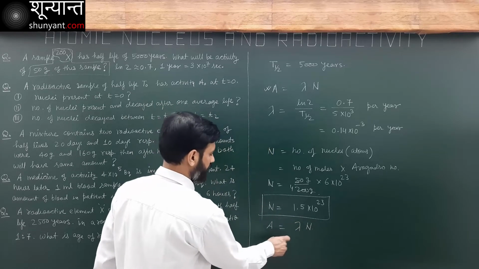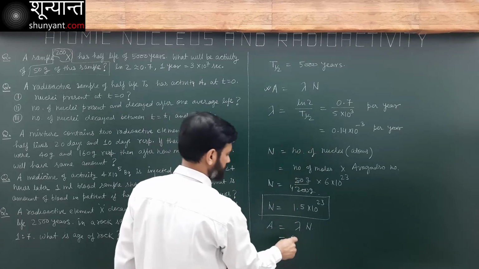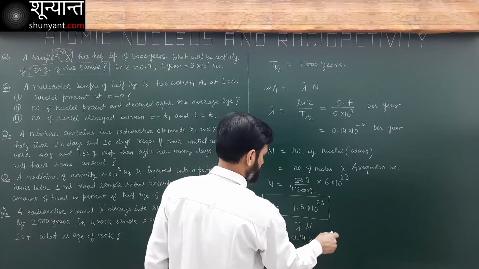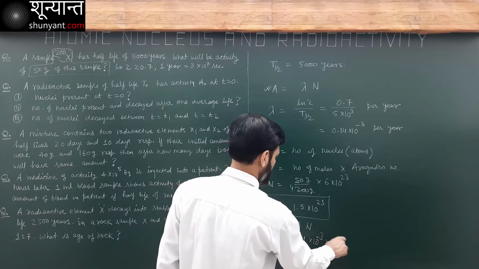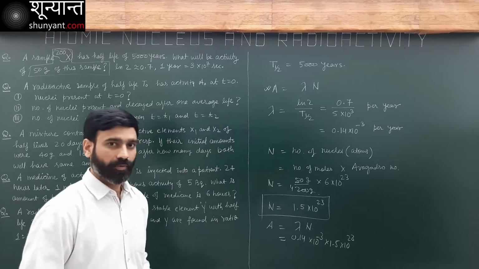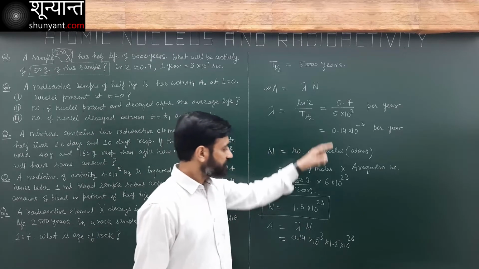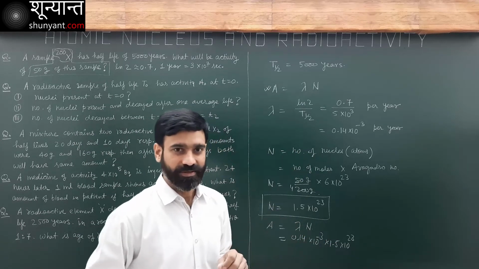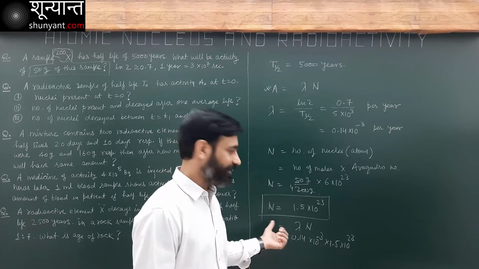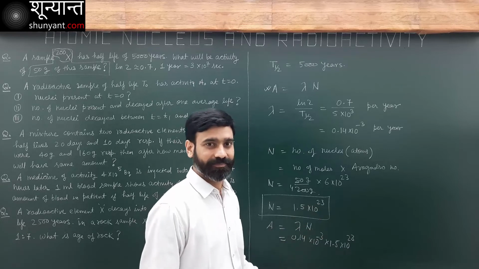If I use these values as such, 0.14 into 10 power minus 3 into 1.5 into 10 power 23, that's fine, of course I can use it. But then what will be the unit? It will be per year.